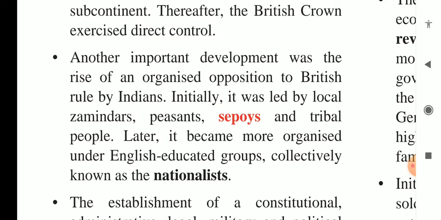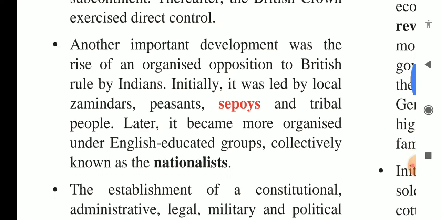Due to that, many nationalist leaders and many ordinary people rose to oppose the British. But if they wanted to defeat the British, they needed an organized opposition.